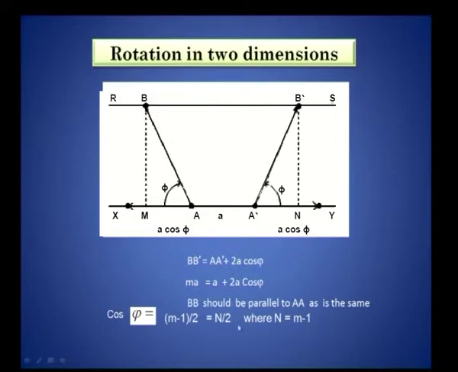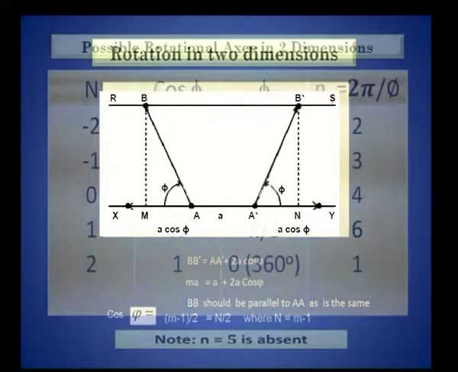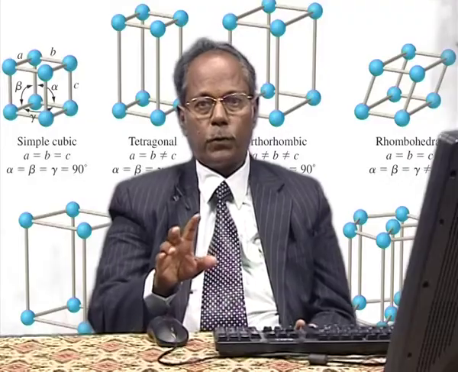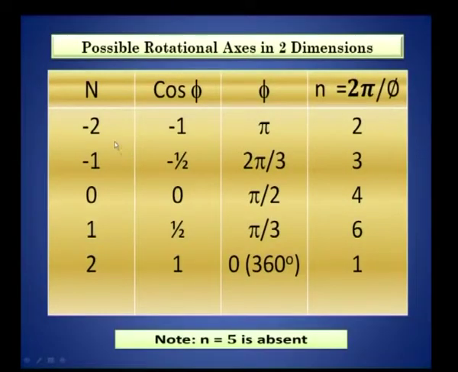This little bit of mathematics ends up with the equation cos phi equal to n by 2. You know the maximum and minimum values of cos phi, and n is an integer, and let us go to this table, which shows that n will take values minus 2 to plus 2.